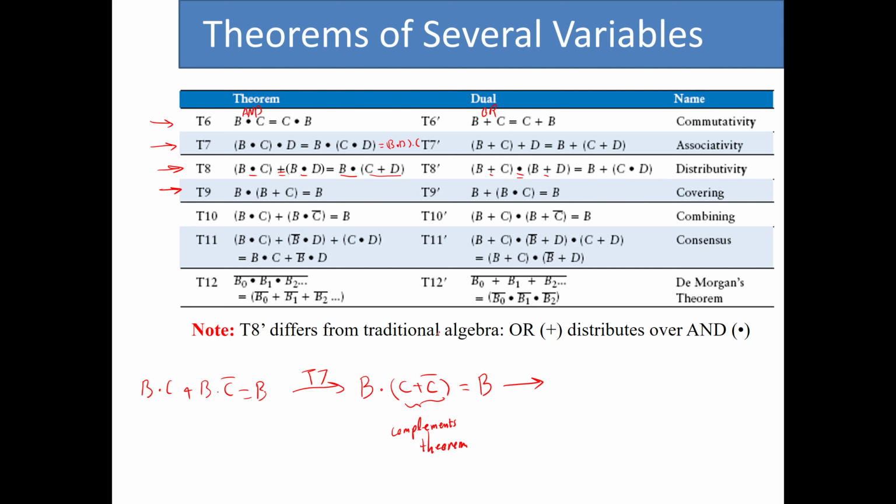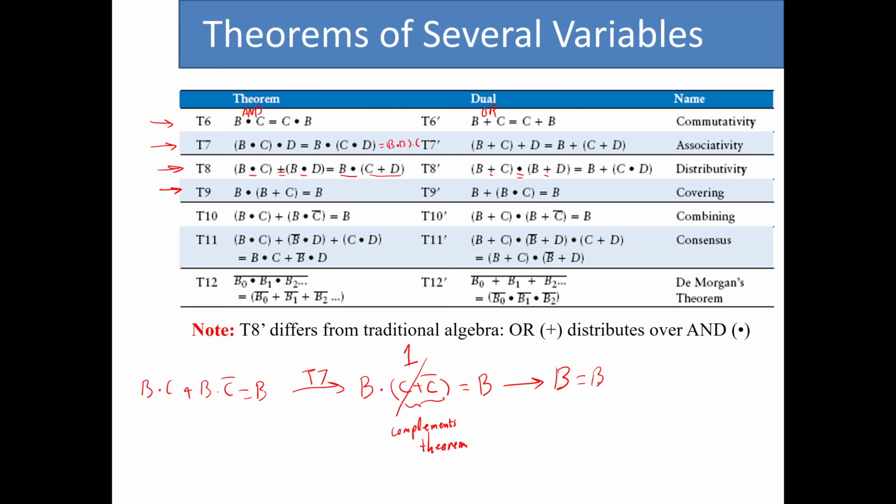So based on the complements theorem, the result of this term, C or C bar, is always 1. So now basically we proved that B equals B, which is something that we know is true, right?